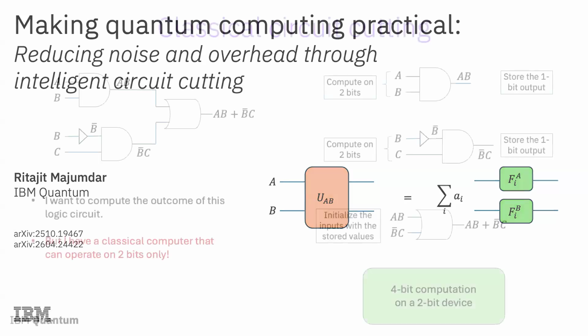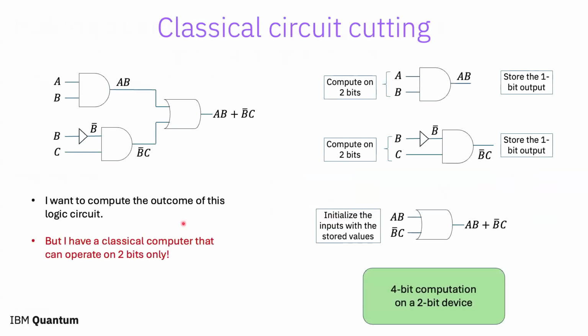Let's first start with a classical digital circuit: what do we mean by cutting a circuit? Let's say this is some digital logic circuit. We don't really need to care about what this is doing and what it is useful for. This is just some logic circuit that requires 4 bits.